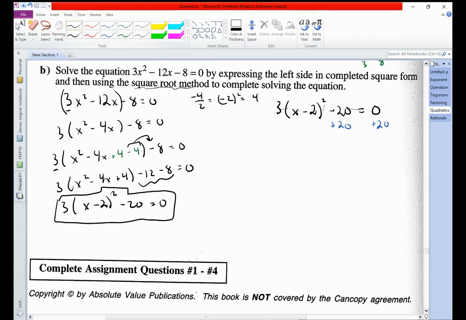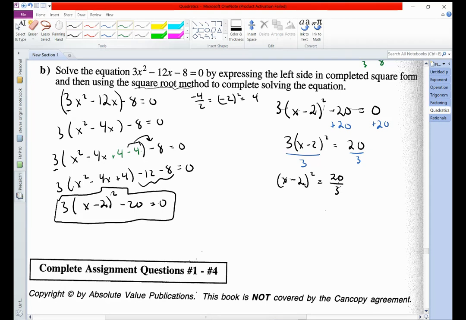So we get 3 times (x minus 2) squared is equal to 20. And then I'm going to divide 3 from both sides. And now I've got x minus 2 squared is equal to 20 over 3.